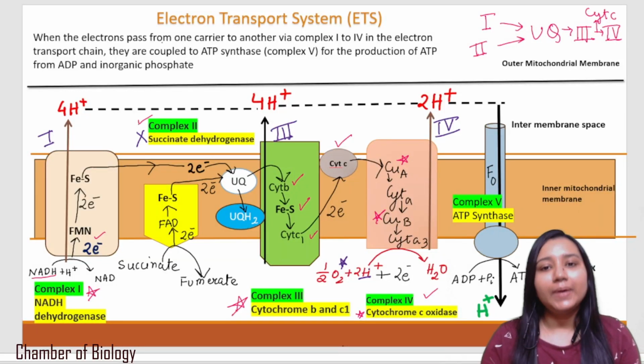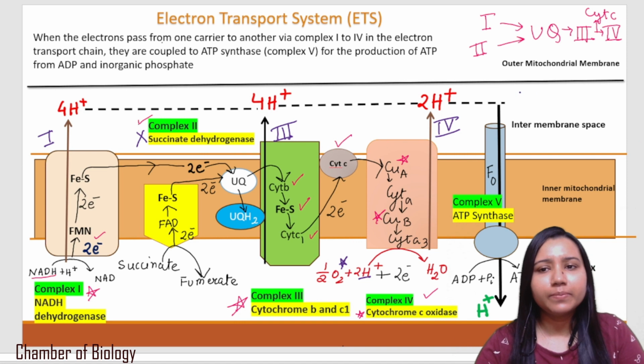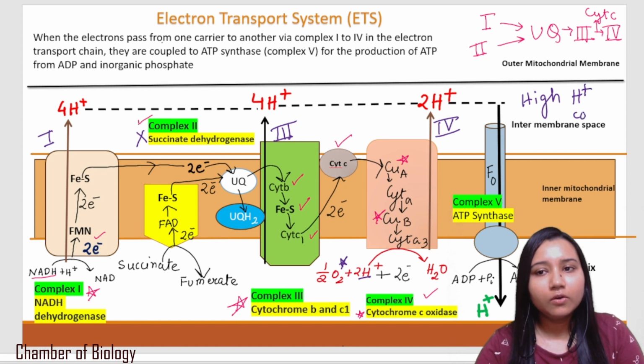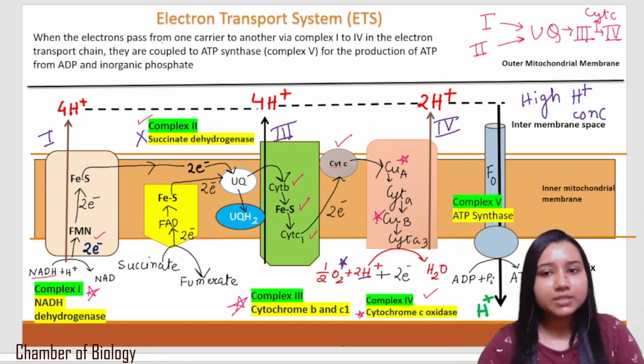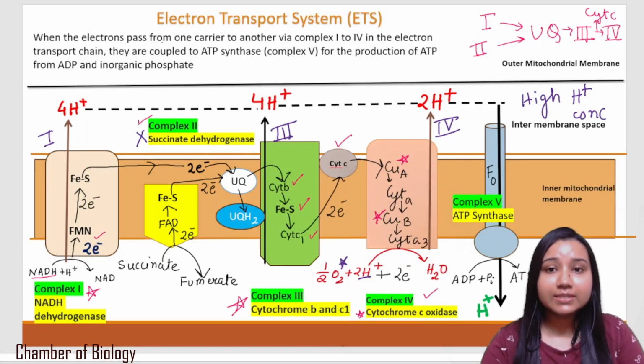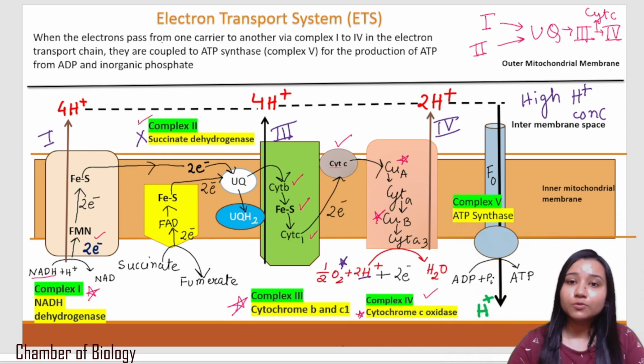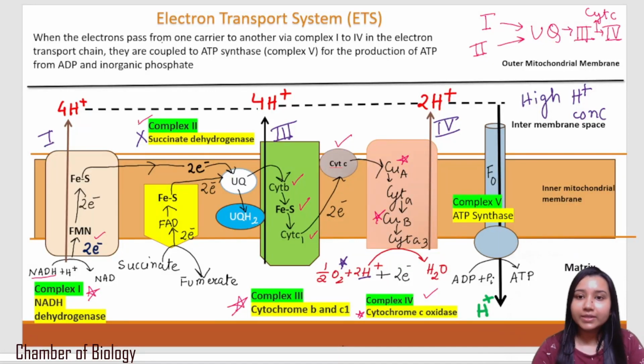Okay, but we can notice in the intermembrane space now there is a high H plus concentration, isn't it? We can see there is a high H plus concentration. So in the matrix, what will we see? In the matrix, there will be a low H plus concentration.